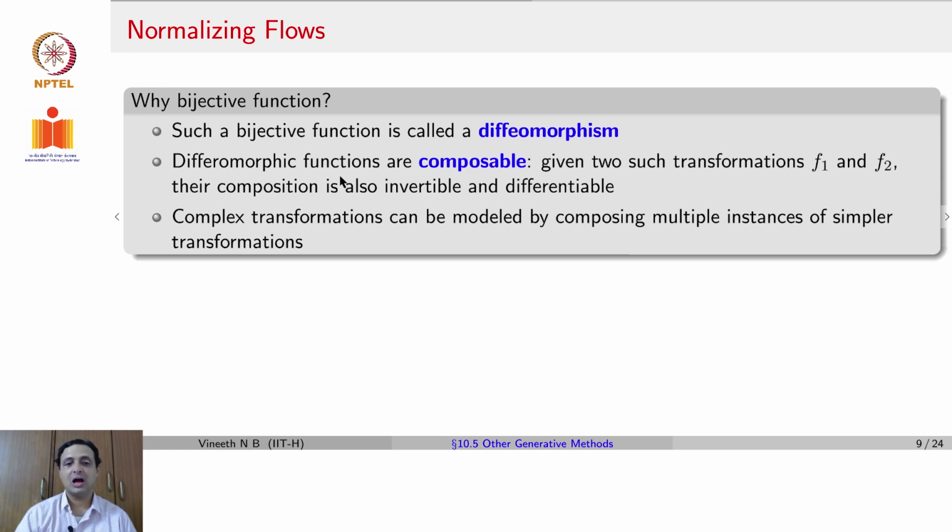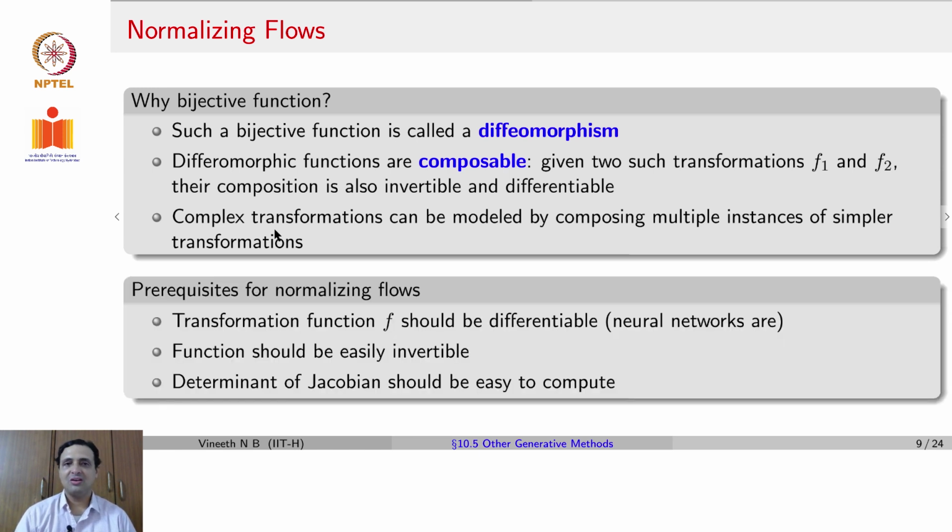Diffeomorphic functions are composable, which means given two transformations f1 and f2, the composition is also invertible and differentiable, which is very important when we are working with neural networks. So any complex transformation from a Gaussian to a complex probability density function of the real world data can be modeled by composing multiple instances of simple transformations.